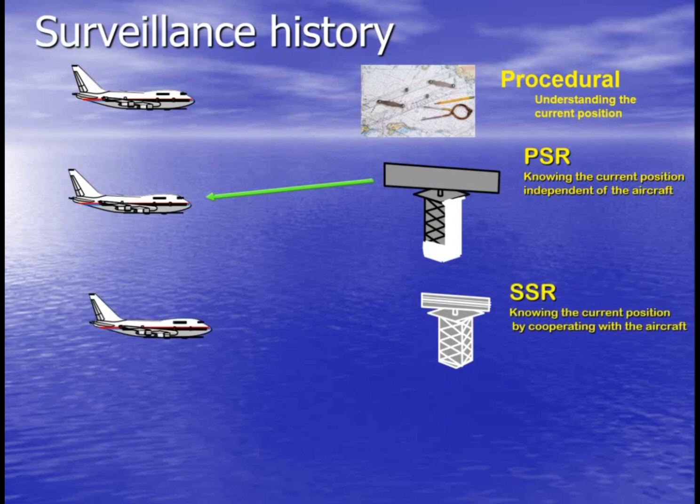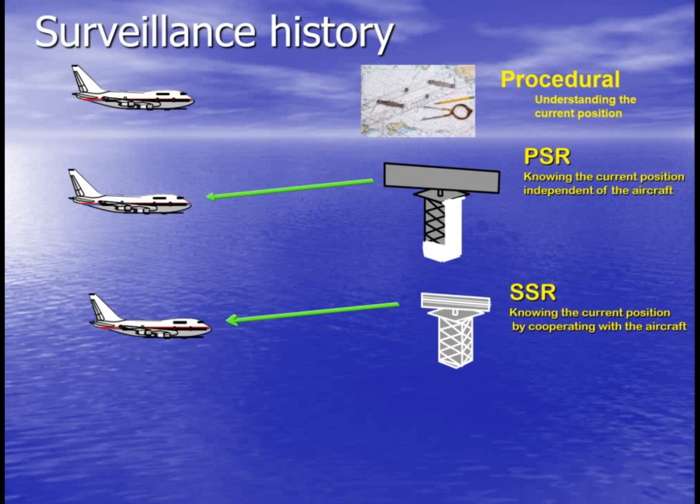The transponder is a radio receiver and transmitter pair which receives on a frequency of 1030 MHz and transmits on 1090 MHz. So the radar antenna transmits a pulse which is received by the onboard transponder.